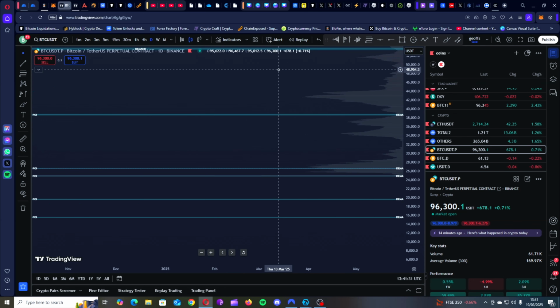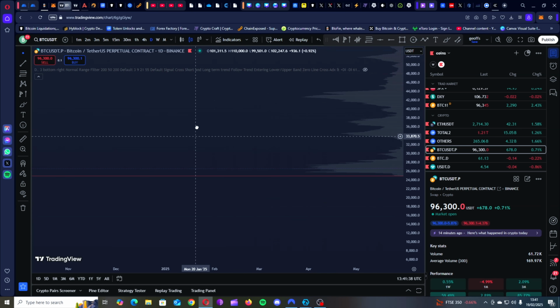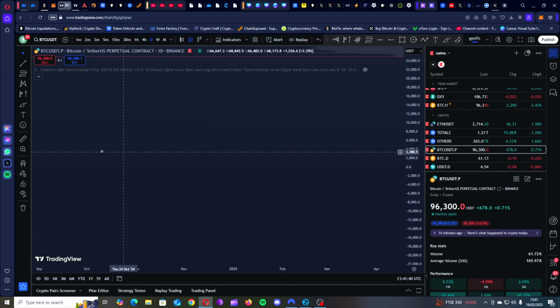So what I'm also going to do here is show you a little drawing of CVD and price compared to CVD. So there's three different states with CVD divergences.